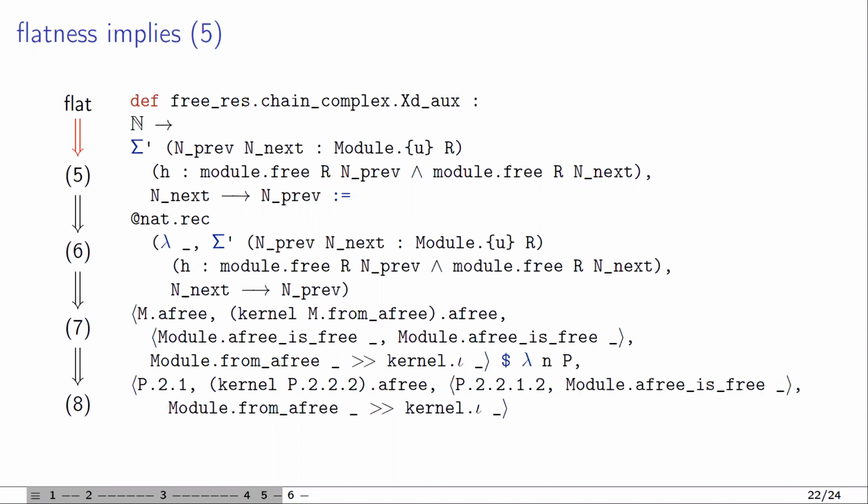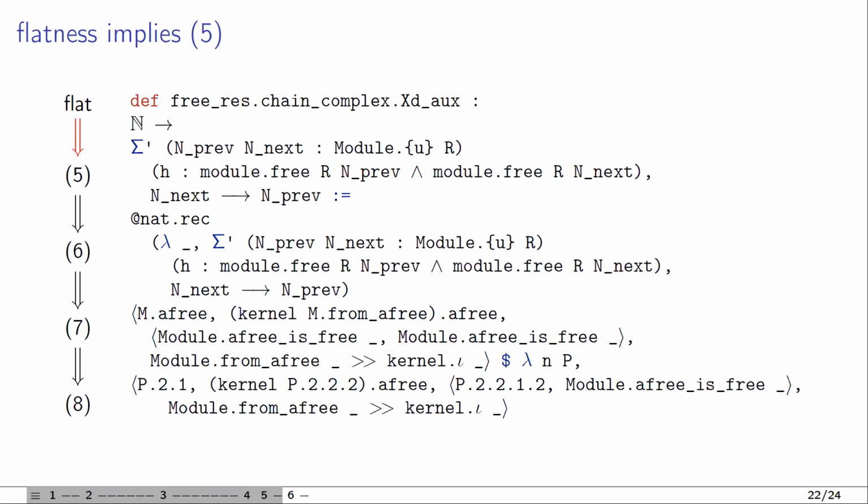So for all n, we want to remember what the previous module is and what the next module should be. We want to prove that the previous module is free and the next module is also free, and we want a map from the next module to the previous module.